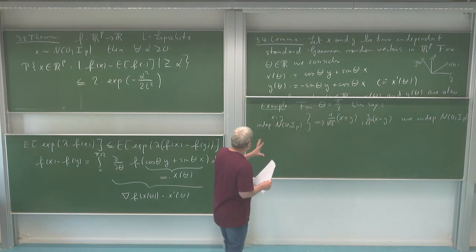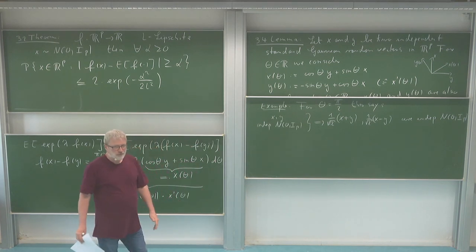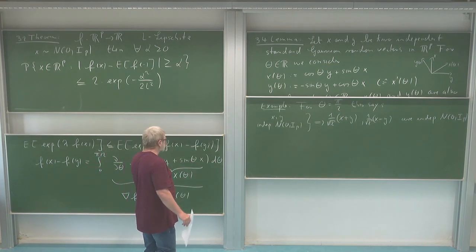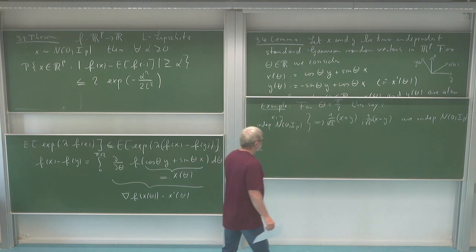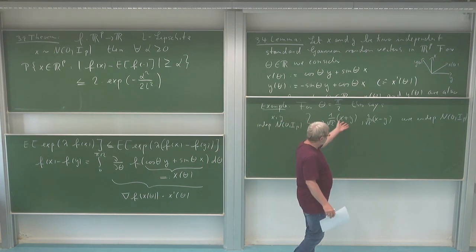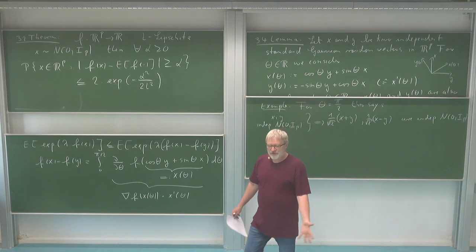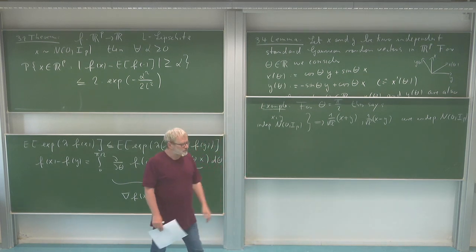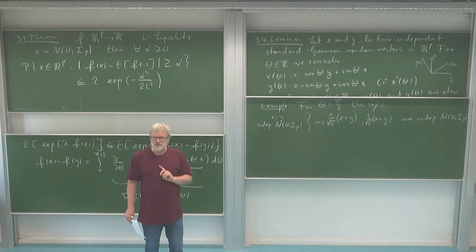Okay, and so this will be very crucial for this proof. And so you might think, maybe I could generalize this to distributions which have the same property, that for example, if I take the sum and the difference, they are still independent and have the same distribution, but more or less this is a characterization of Gauss.